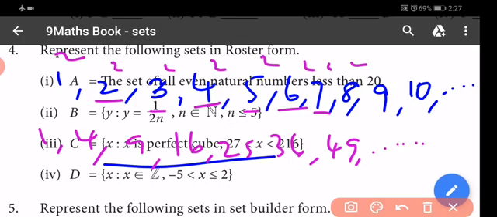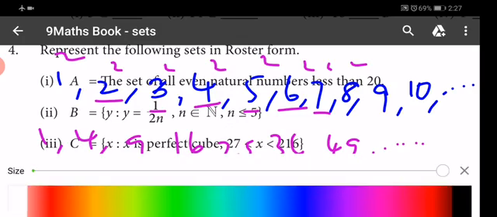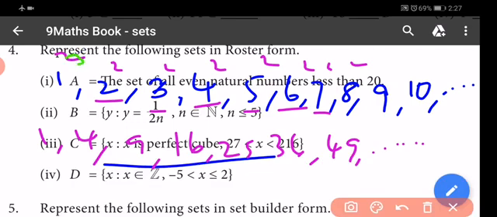Then what does perfect cube number mean? We cube all the natural numbers: 1 cube, 2 cube, 3 cube, 4 cube, 5 cube, 6 cube, 7 cube and etc. Then what is 1 cube? 1.